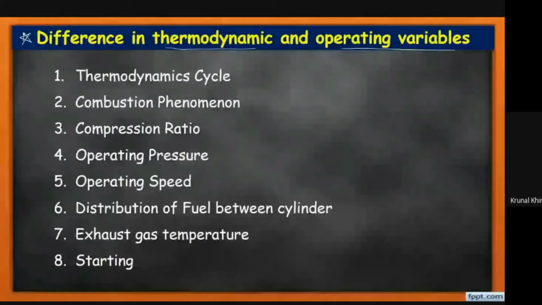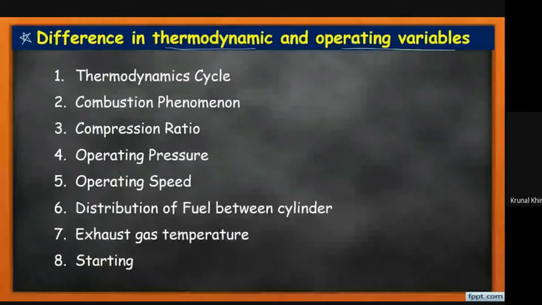The first point given for the comparison of SI and CI engines is the difference in thermodynamics and operating variables. Under this category, we have to discuss the difference in thermodynamics and operating variables.